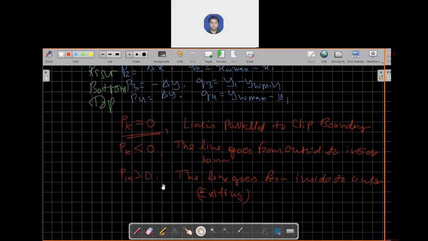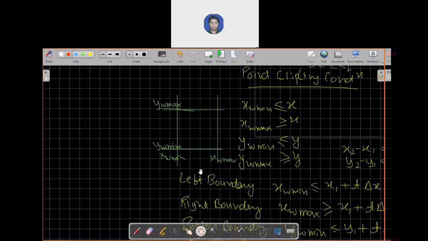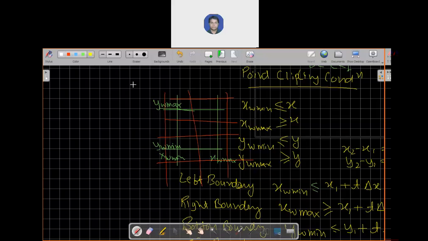Let's see this example with the clip window. If the value of pk is 0, it is parallel to one of the clip boundaries. These are the parallel lines. If the value is negative, it is entering the clip boundary from any direction.